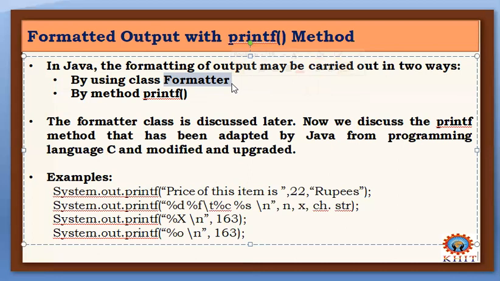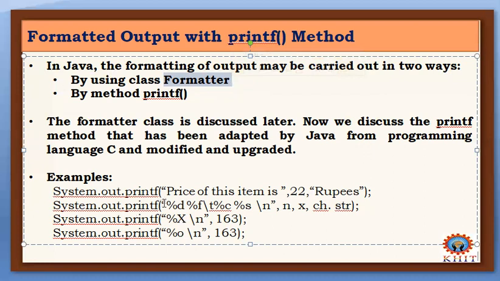There you need to write something like System.out.format, and then no need to write this %d and everything. So we can use the formatter method, but for now we use only the printf method.